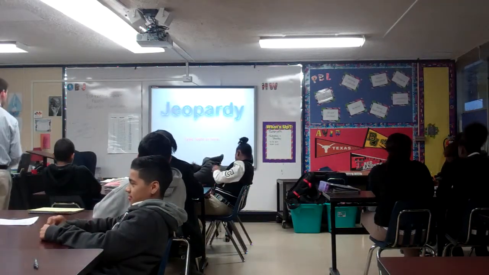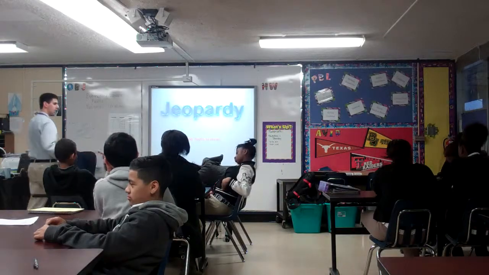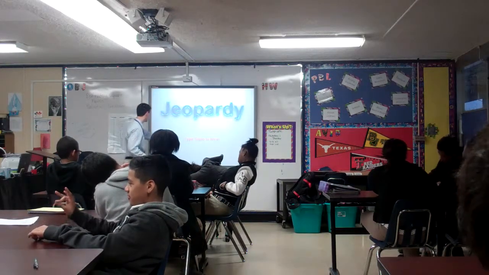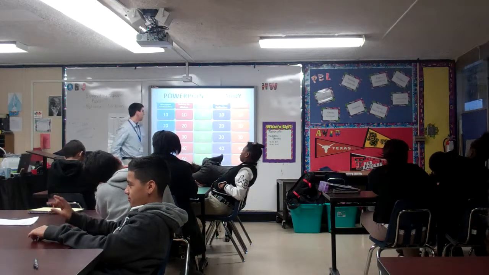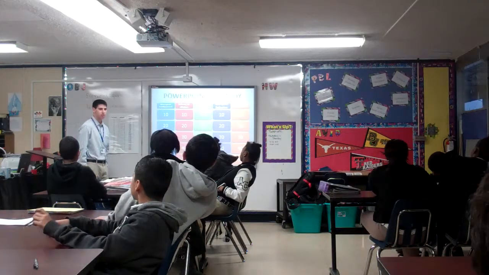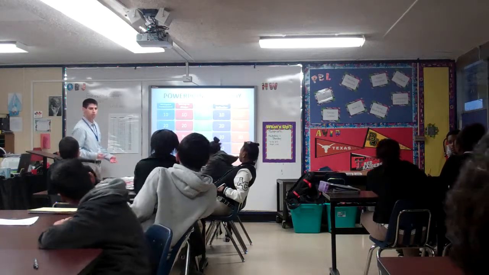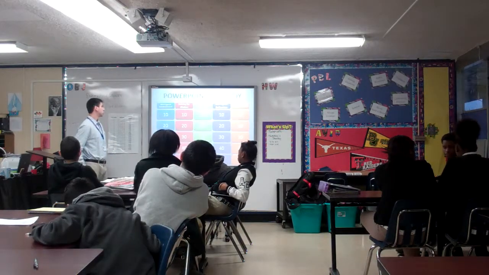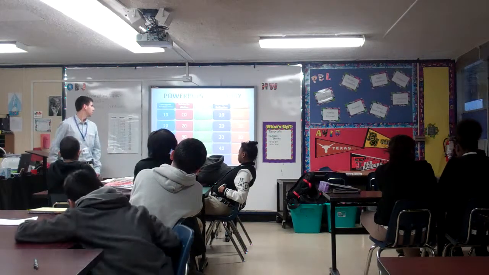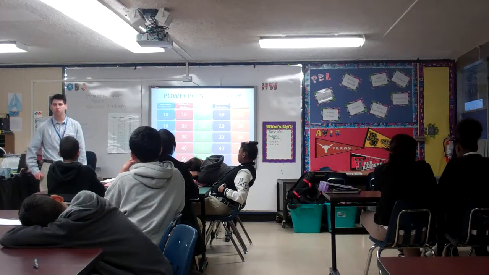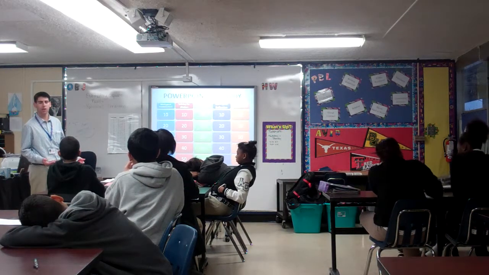And since we've been talking about transformations, Jeopardy is going to be over here. Your categories are: what type of transformation, which goes over what kind of transformation is being shown; solving for dilation; solving for translation; solving for reflection; and more than one, which includes more than one kind of transformation.